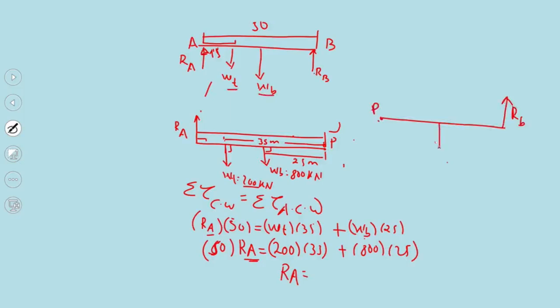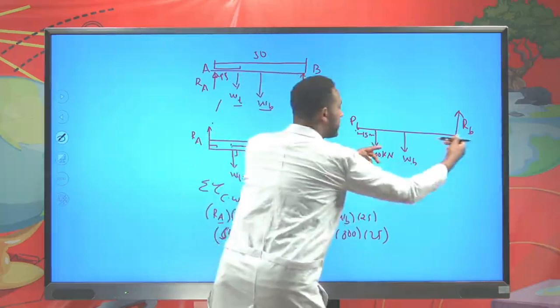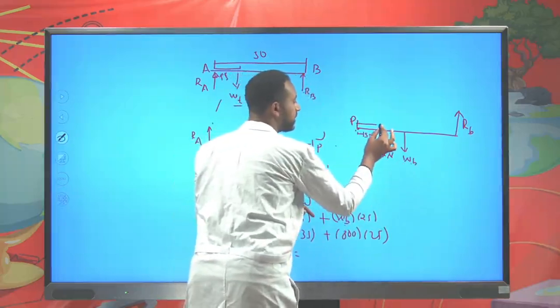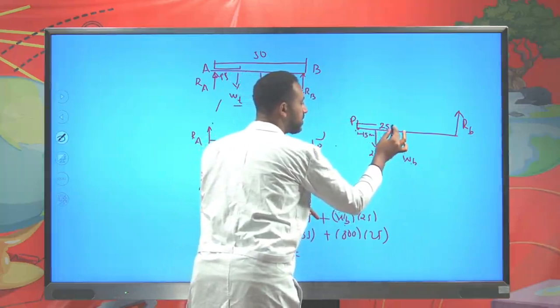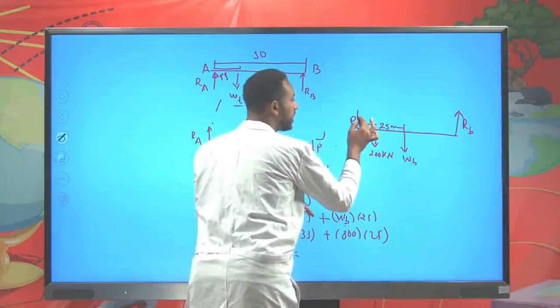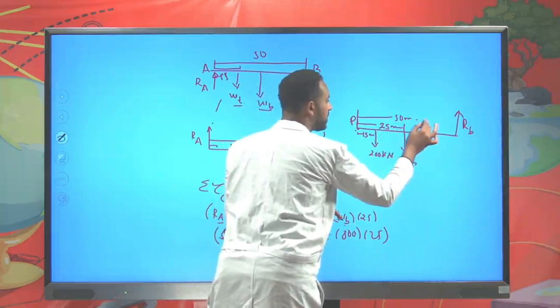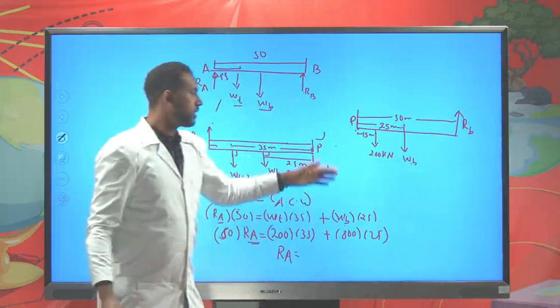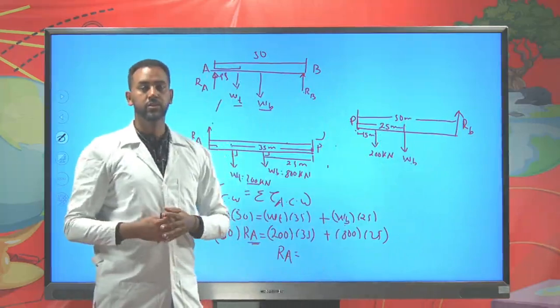The weight of the truck from the pivotal point is found at 15 meter, and it is 200 kilonewton. The weight of the bridge is exactly at half, so it should be 25 meter. And this one should be 50 meter, so that you can determine it, again applying the second condition of equilibrium.